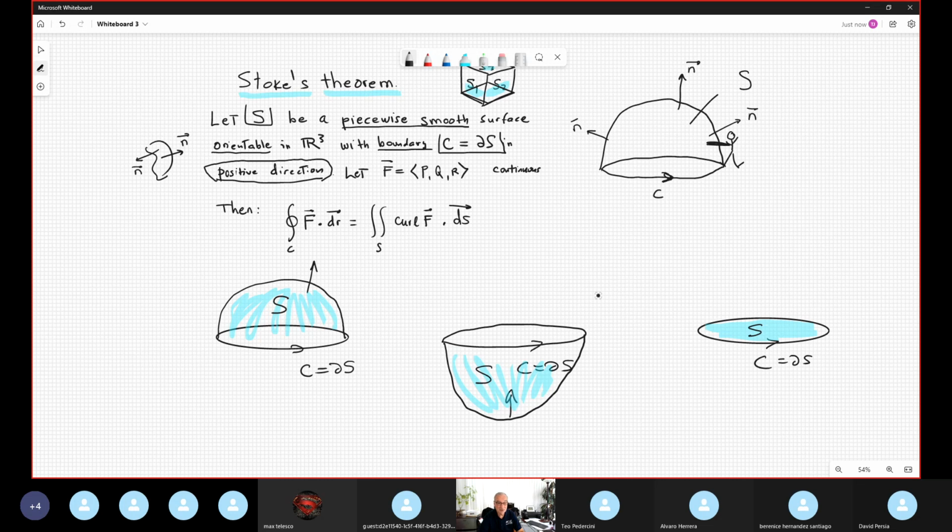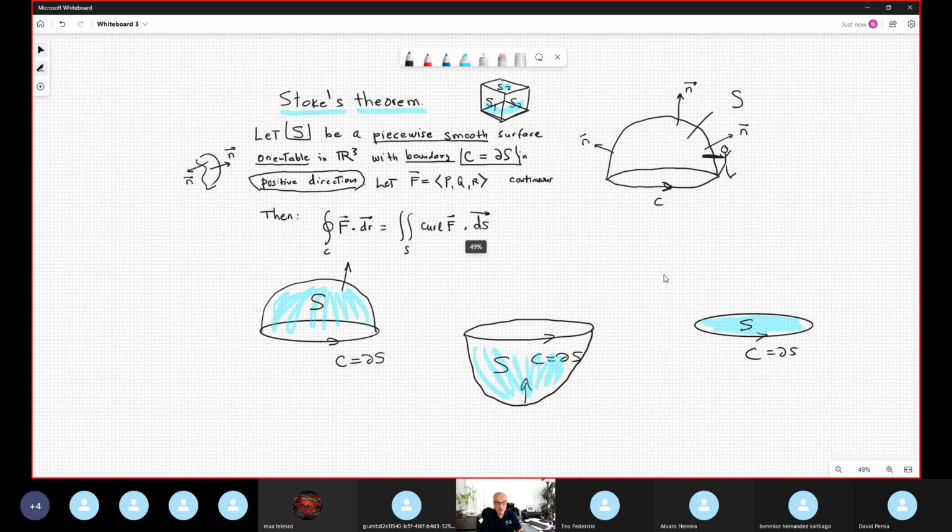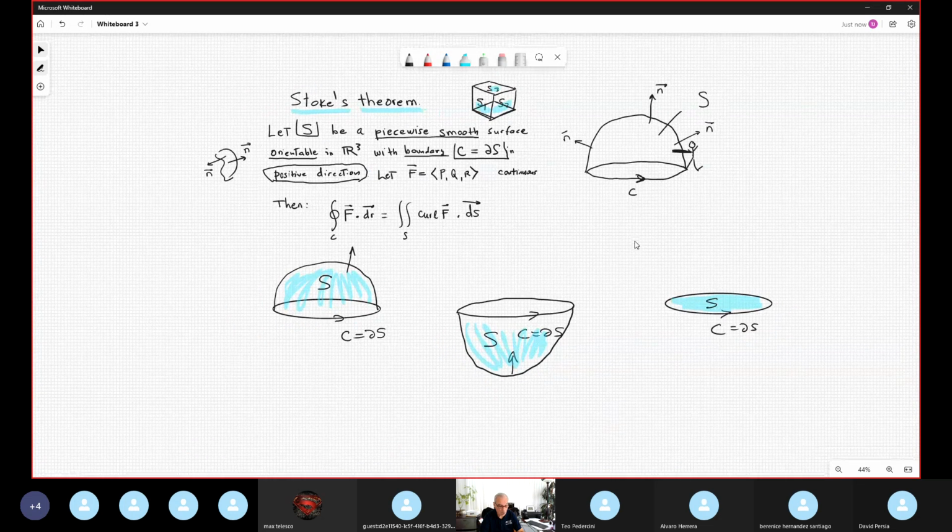And the answer, you can compute using any surface, is the same. Wow, amazing. This is called surface independent, of the curve.